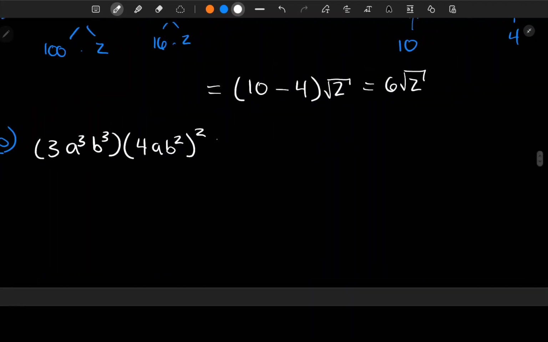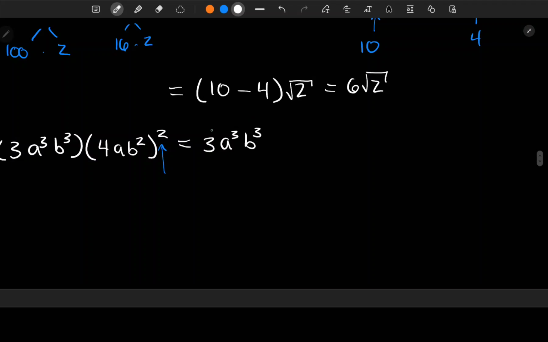Well, from PEMDAS, you know we want to deal with the exponent first. So this expression is the same as 3a cubed b cubed times this whole quantity here squared.